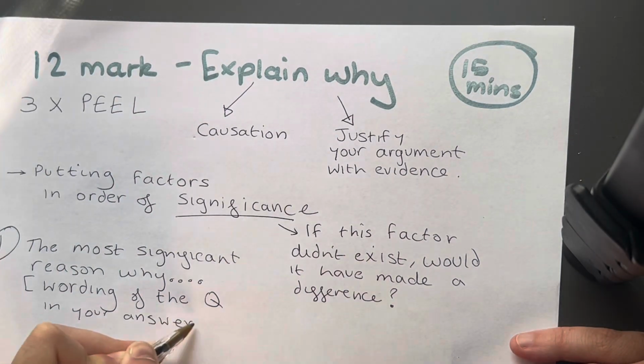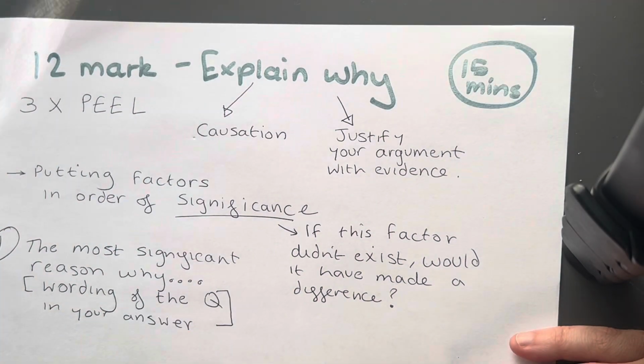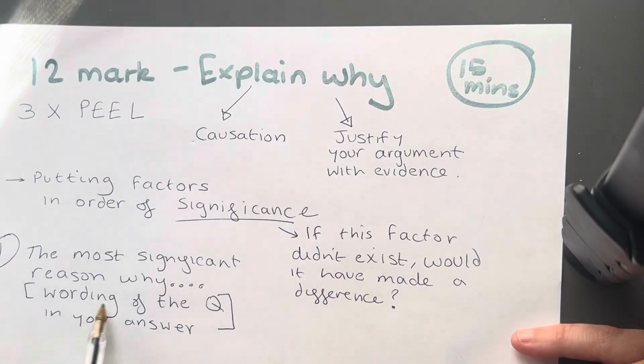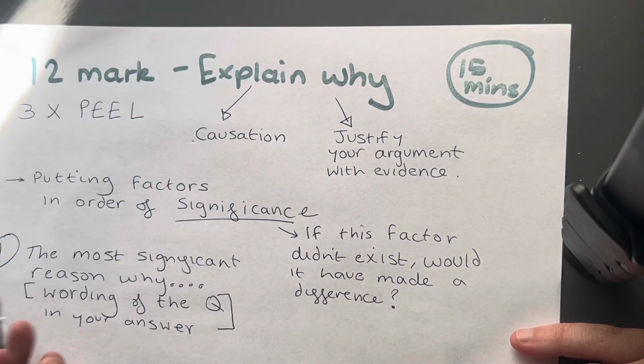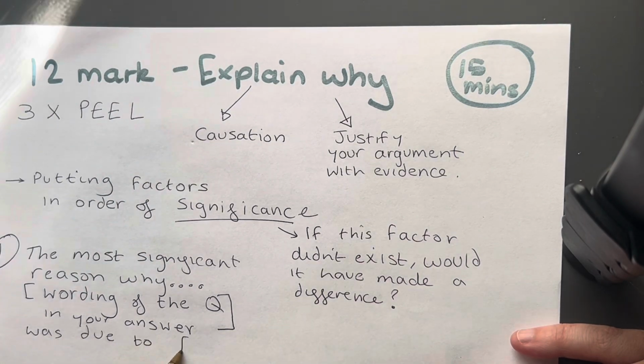So if the question is saying explain why Mary Queen of Scots was executed, you would start by saying the most significant reason why Mary Queen of Scots was executed was due to, and then you state your factor.